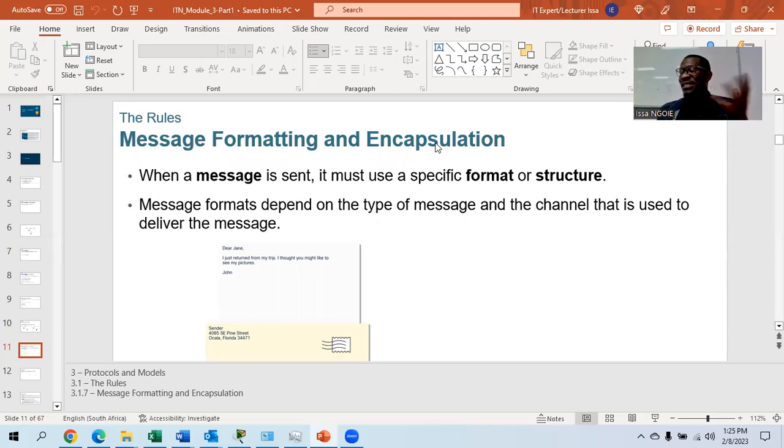When you connect your devices, those devices need to follow some structures of formatting when it comes to sharing of information. So if they don't follow that, there won't be proper communications. And your protocol will make sure that your message will be well formatted and encapsulated, right?